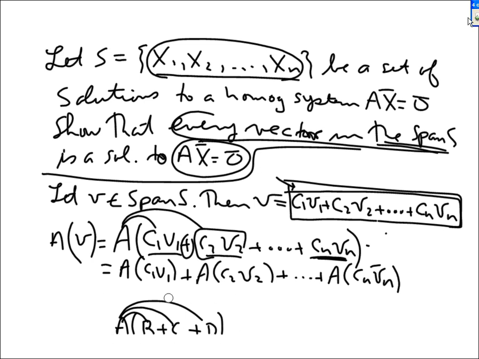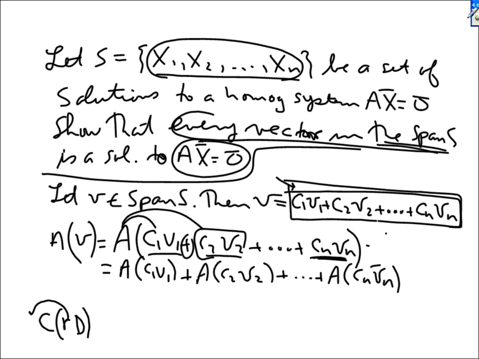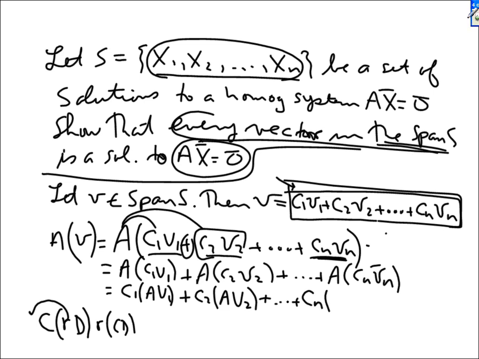Although a scalar times a matrix is a matrix, I'm going to think of those Ci's now as scalars. And we have a theorem that a scalar times the matrix B, the scalar can come out in front. So here I have C1 times AV1 plus C2 times AV2 all the way down to Cn times AVn.